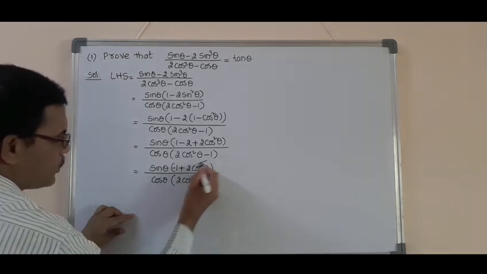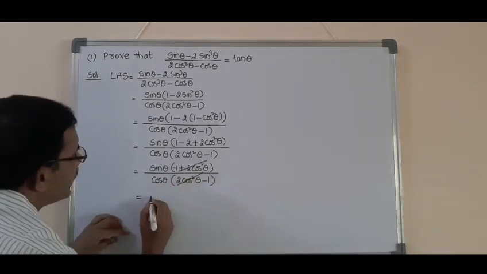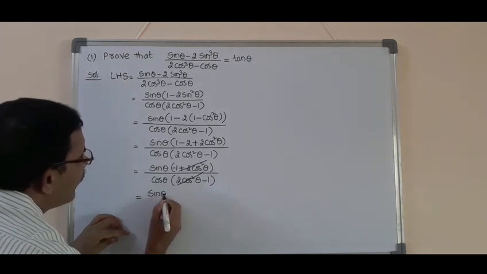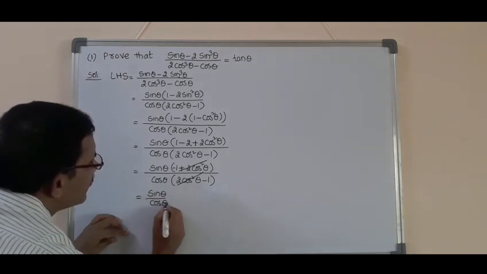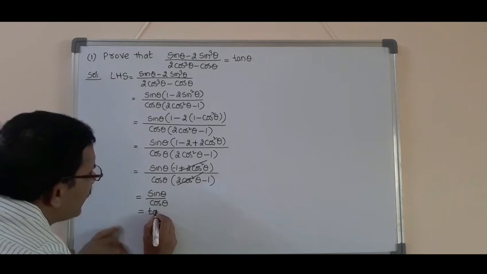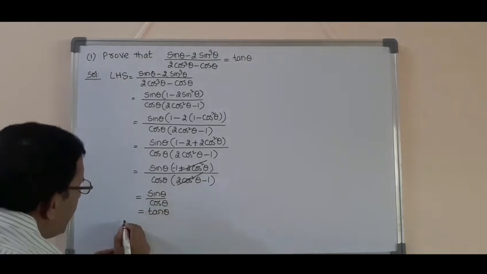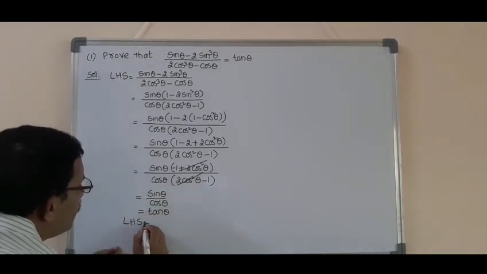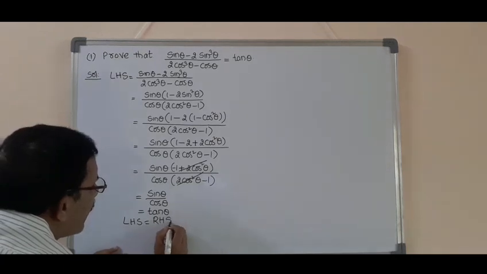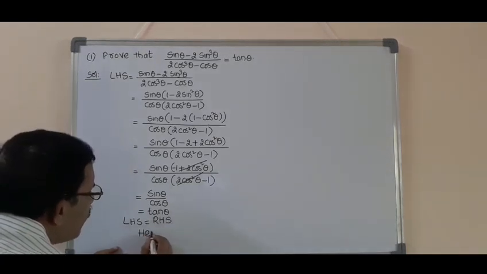These two are the same, so they will get cancelled. So that is equal to sin theta by cos theta, that is equal to tan theta. LHS is equal to RHS. Hence, proved.